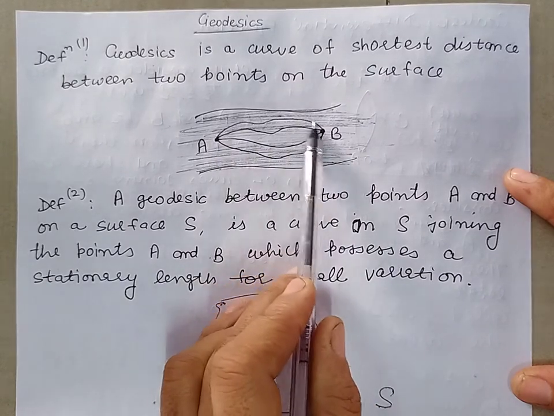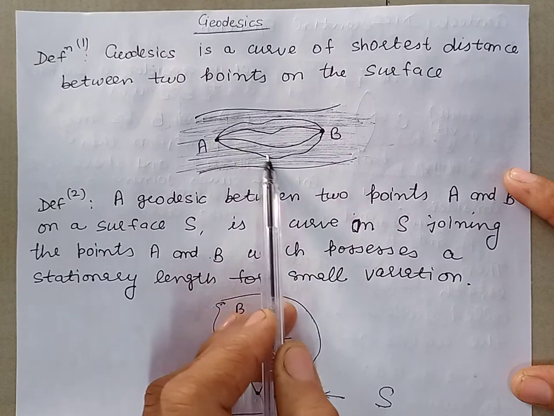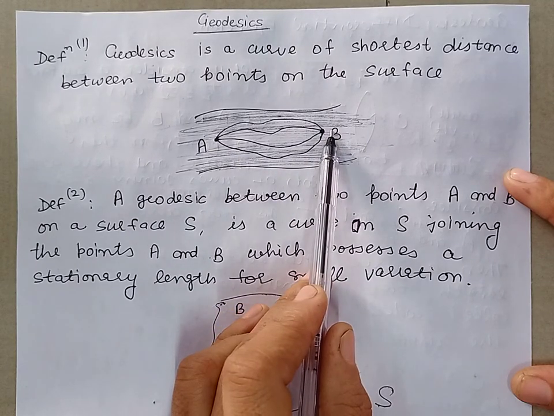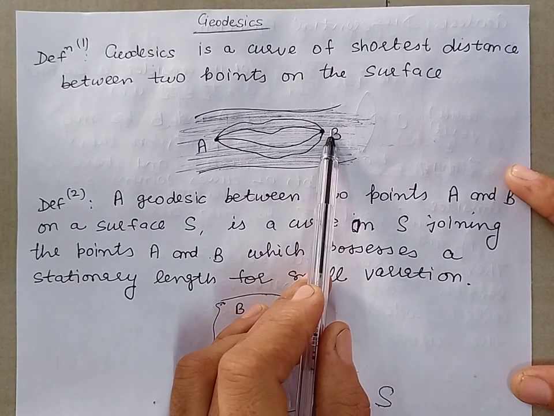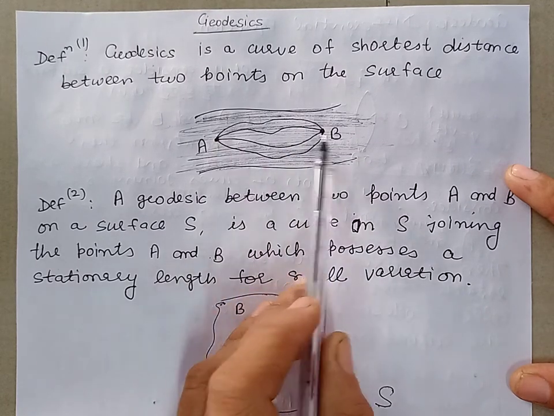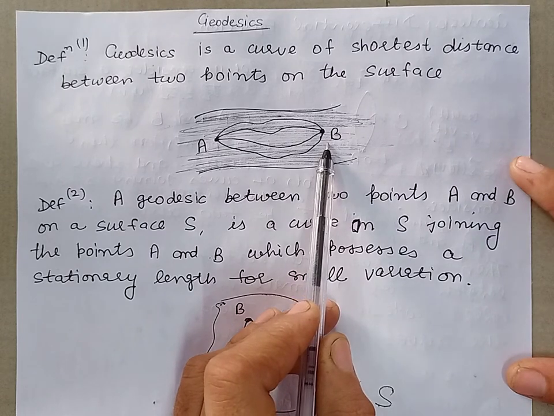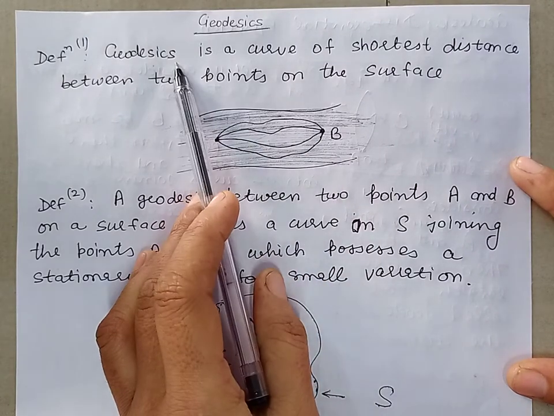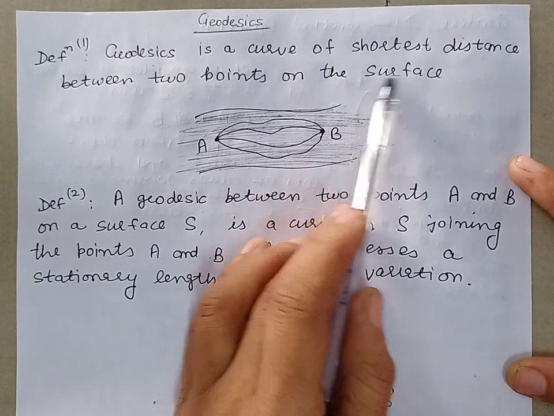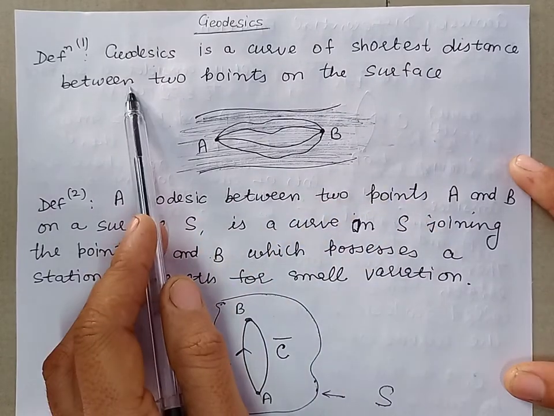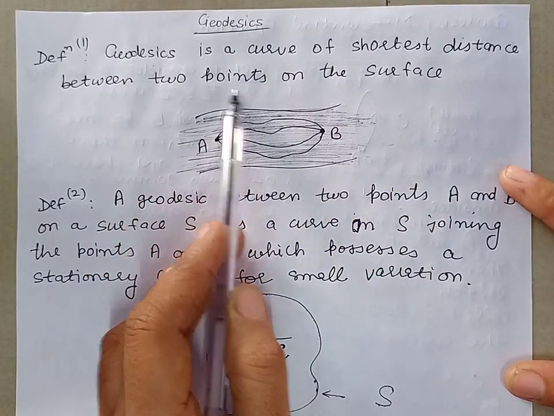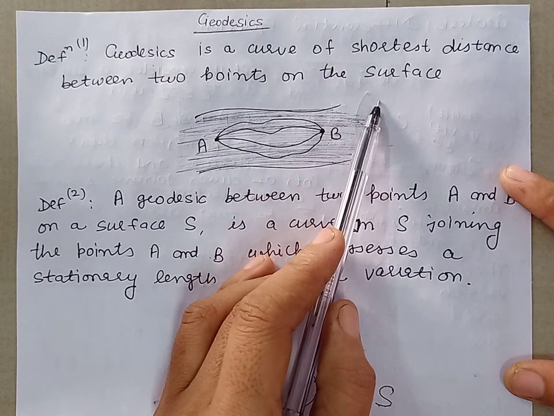This is a curve joining the points A and B. This is also a curve joining the points A and B. Then the curve of the shortest distance between these 2 points is called a geodesic. Thus, a geodesic is a curve of shortest distance between 2 points on the given surface.